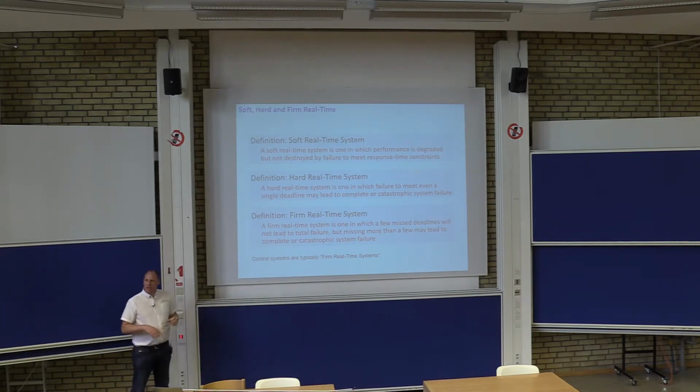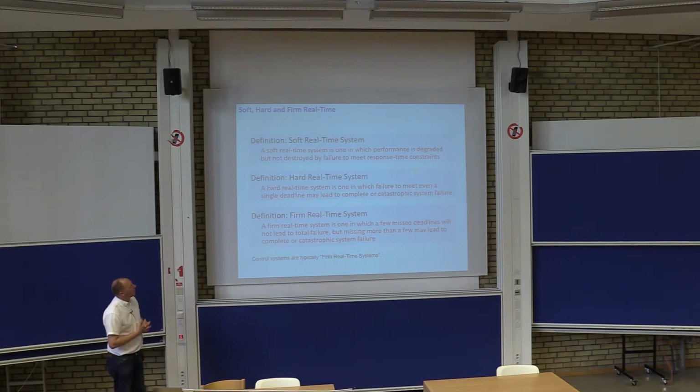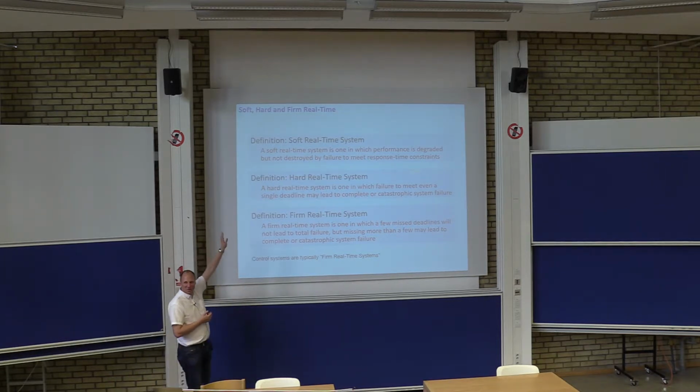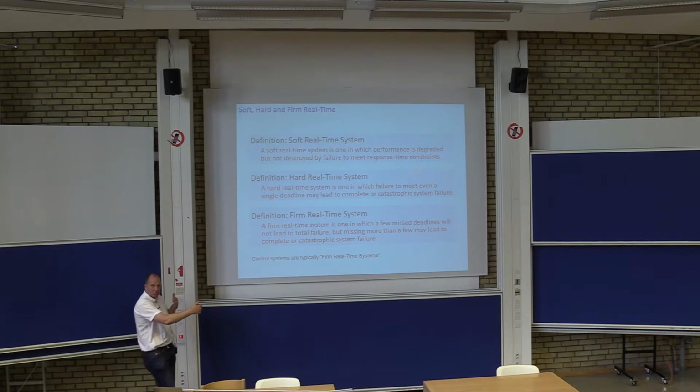So it might be okay to miss 1 or 2 deadlines, but you don't want to miss too many. And as we talked about, the more unstable the system is, the harder it might be, because the system is basically running in open loop between the time instances when you compute your control signals. So if it takes too long, really bad things might happen.